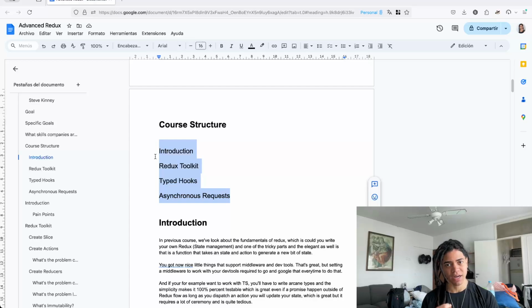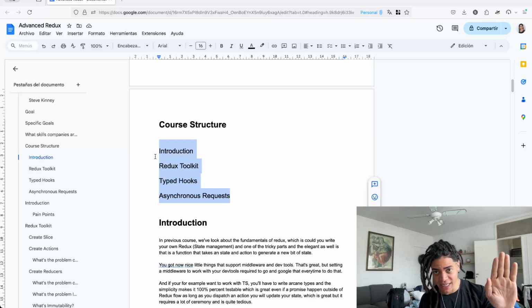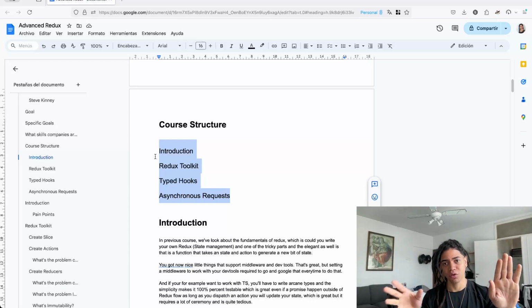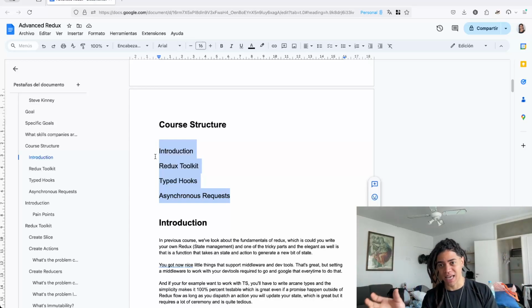So Redux actually provides this Flux architecture, this particular way of doing that kind of thing. Anytime you want to update your state, this data, this model, you can do that by dispatching an action, and then that action goes through a reducer, which is a function that takes the state and the action that you want to do and generates a new bit of state.